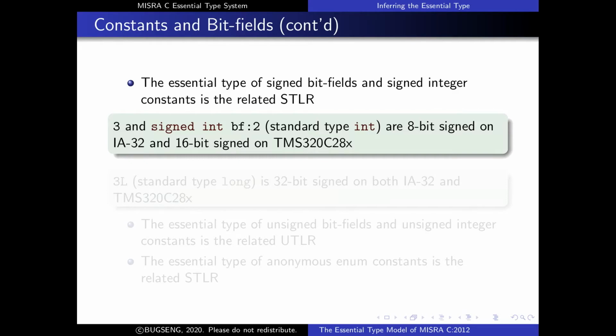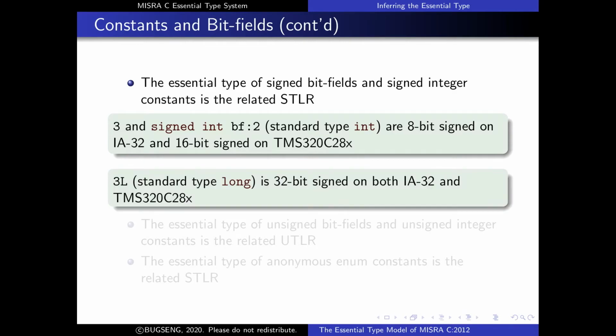So this is 8-bit signed on, for example, Intel architecture 32 bits, and it's 16-bit signed on the C2000, where both char and int are 16 bits. Okay, notice the difference. If I stick an L suffix to the 3, so I have 3L, this is standard type long.